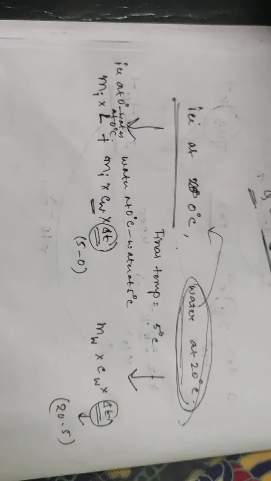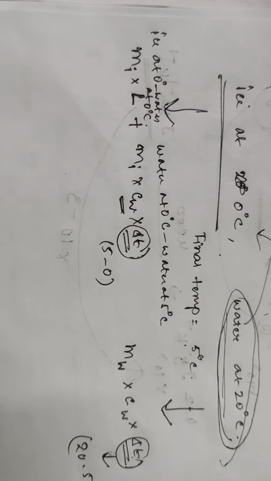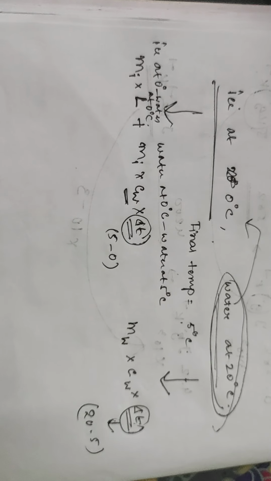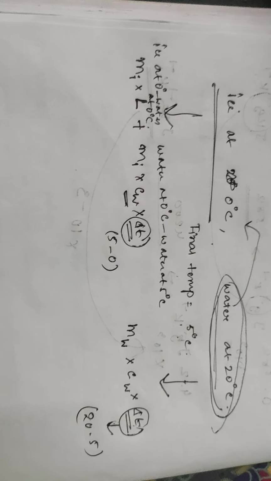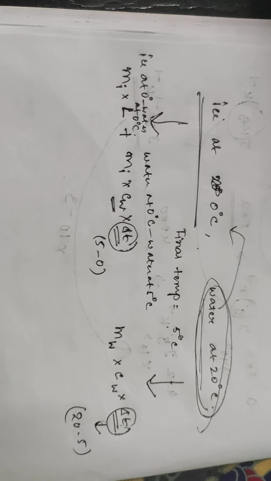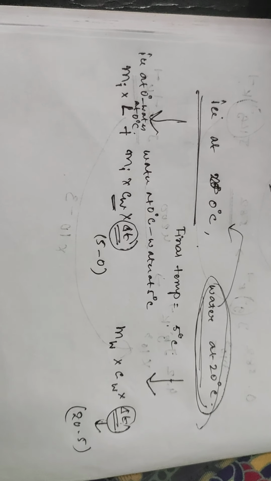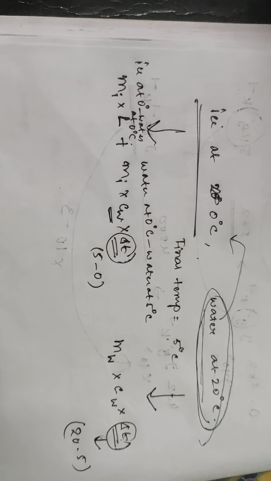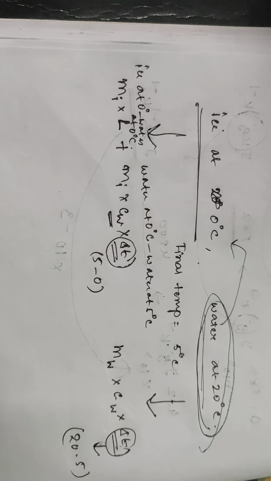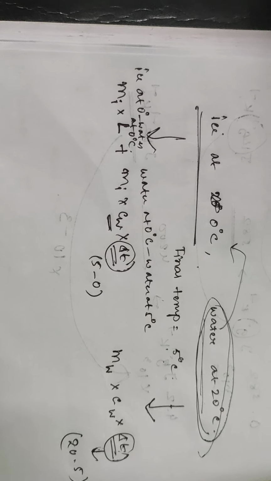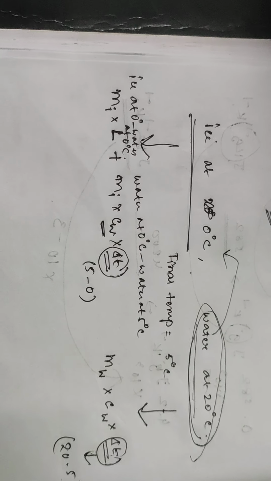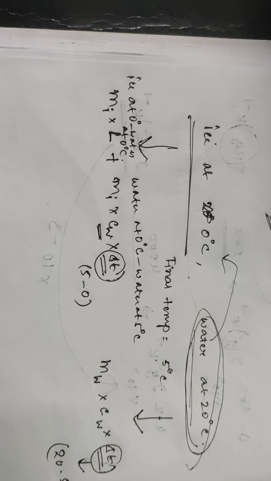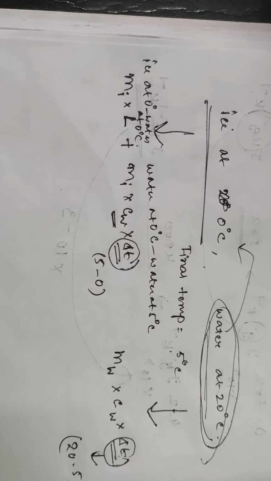Now whatever the question is, substitute the values and find the quantities which are not given. In some questions, say L is not given. In some questions you have to find the mass of ice or mass of water used. You have to follow the instructions, follow what information is provided to you. Use the formula, use the concept.